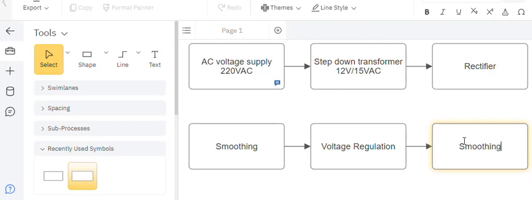Because after the regulation, sometimes you still have a very small amount of noise. So this one is used to remove the noise and also helps to reduce the tendency of shutting down this voltage regulator. The voltage regulator usually shuts down when your circuit tries to demand more than what it can supply in terms of current. So we are going to discuss that once we have put up our circuit completely.